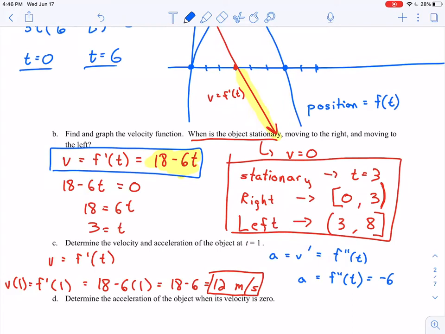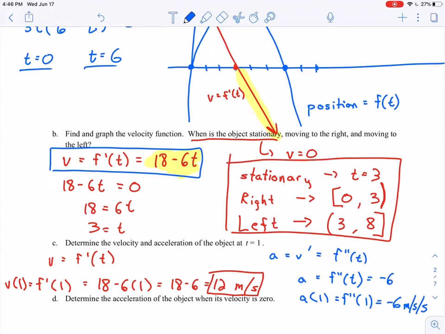If I want to determine the acceleration at t equals 1, I'm just going to plug 1 into that function. A of 1, or f double prime of 1. There's nowhere to plug it in. It's a constant function, so it's negative 6. I'd like to give a unit here as well. Because we said our units for velocity were meters per second, this describes the rate of change of the velocity.